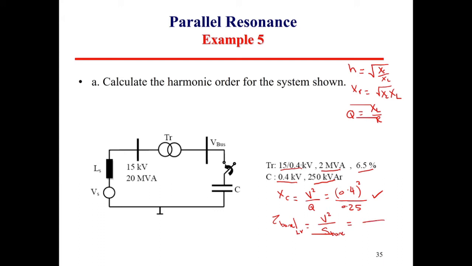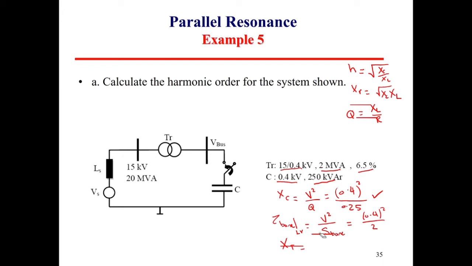Okay, so V squared will be 0.4 squared divided by S base 2, so that will give us Z base, and then we can find X for the transformer. So we can find the transformer reactance, which will be the per unit times the base value.